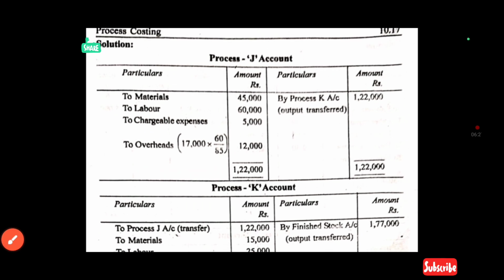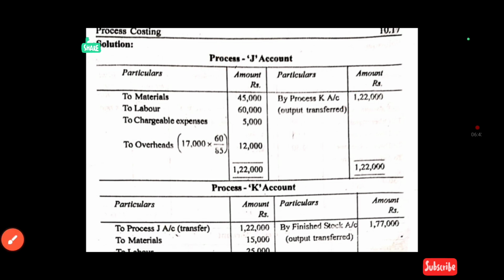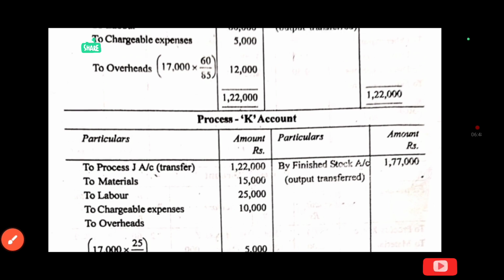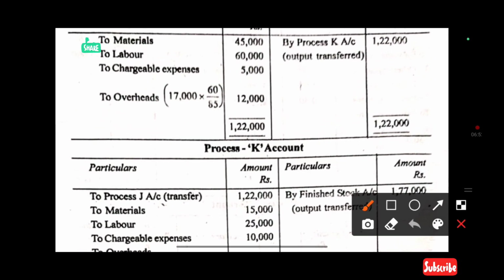Because this 1,22,000 output is taken from process J account. So for that you are going to write to process J account, because you have taken that 1,22,000 from process J account.